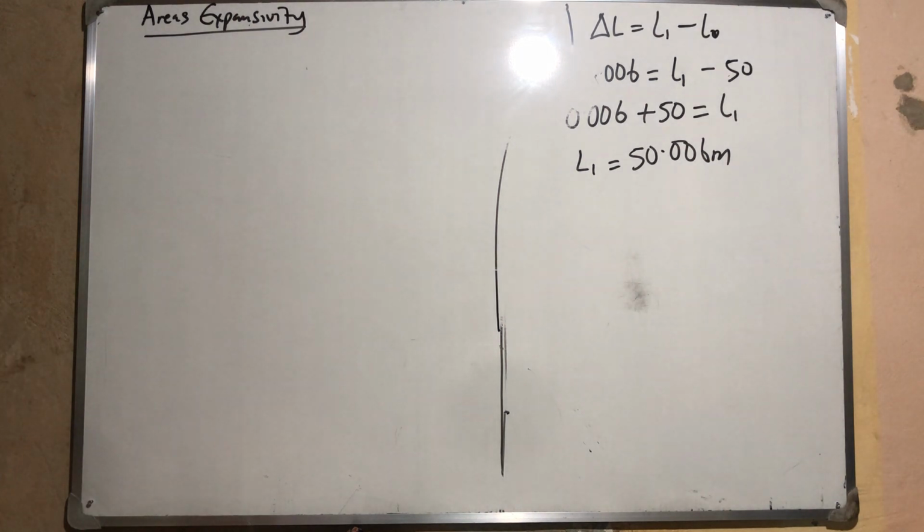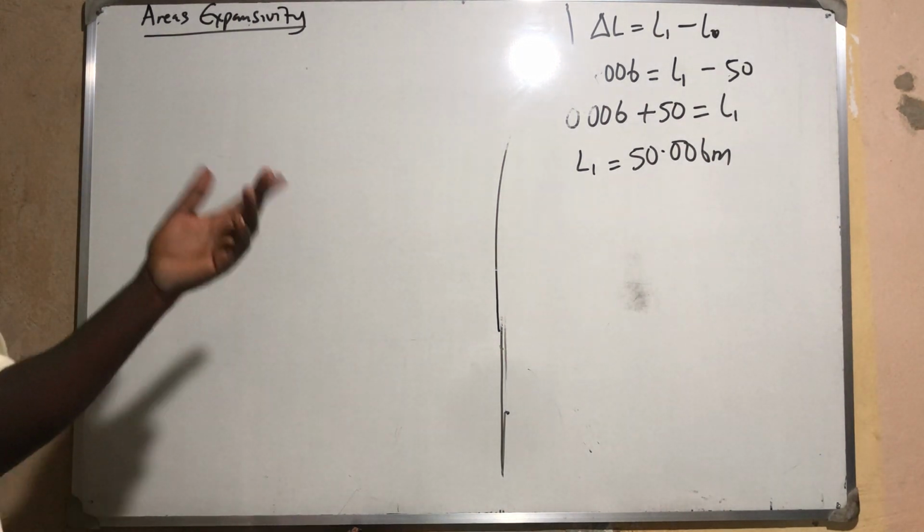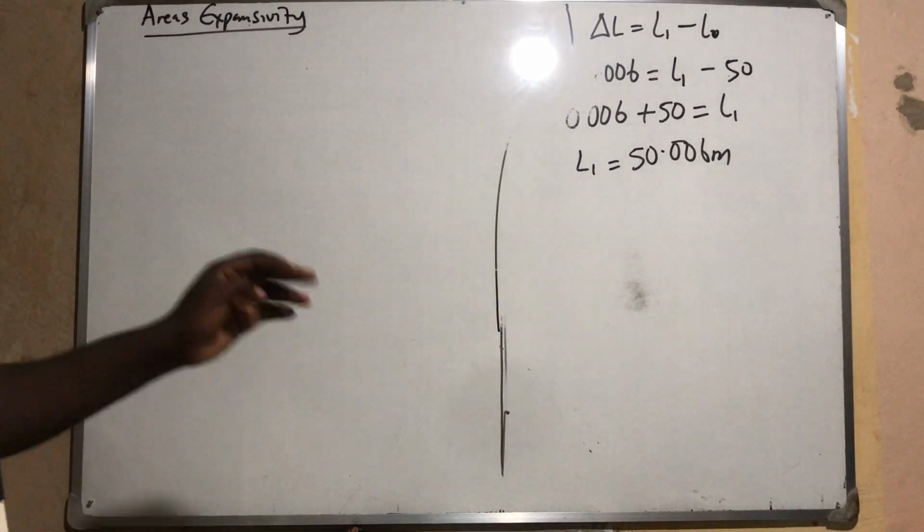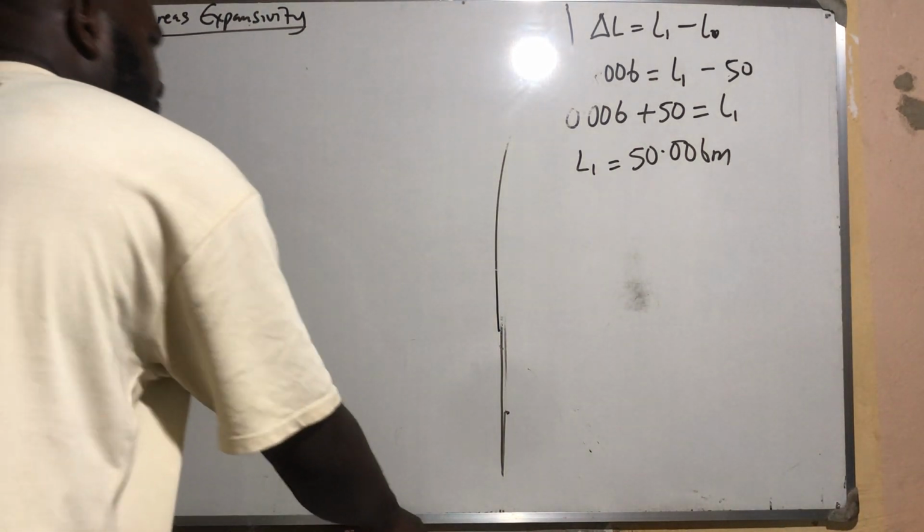Now, area expansivity is defined the same way you define linear expansivity. But in linear expansivity, what we are using is length, but in area expansivity, we'll now be using area.